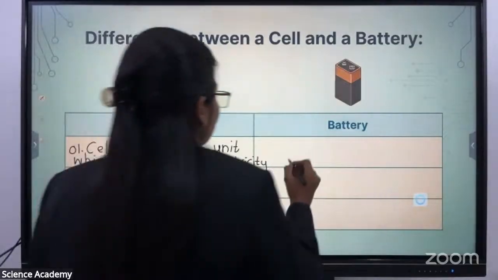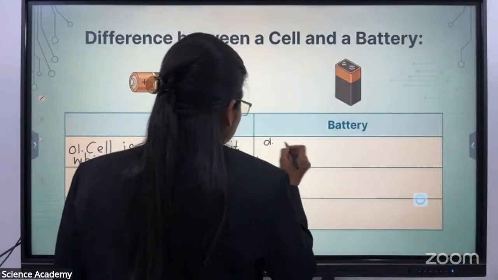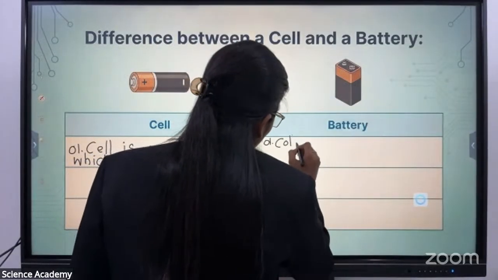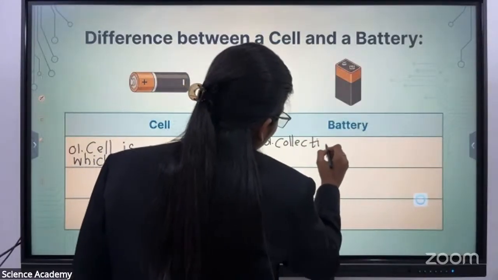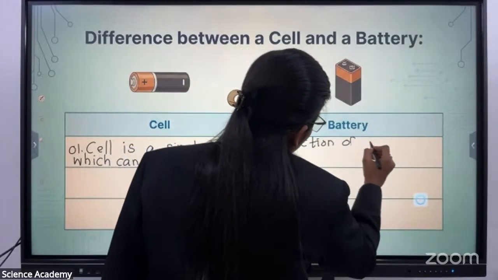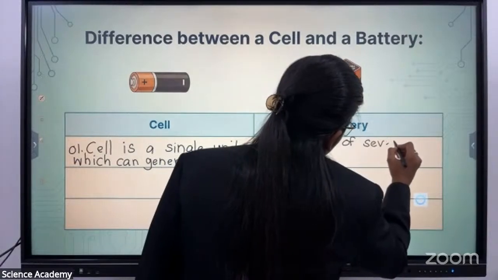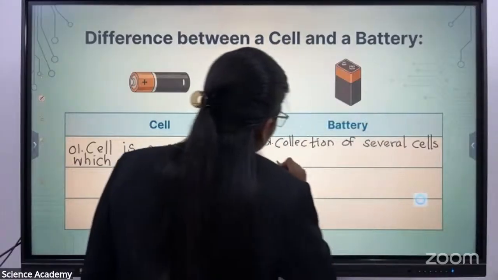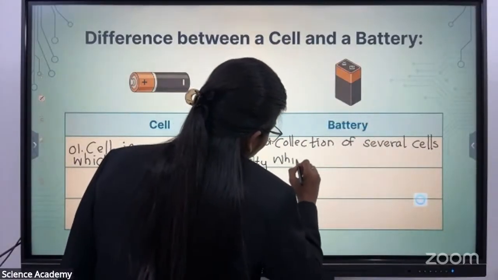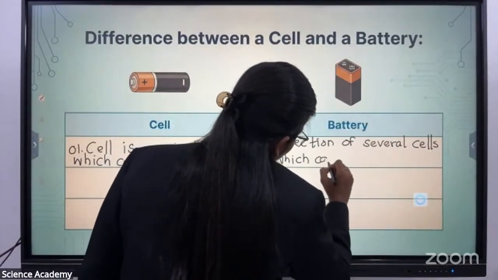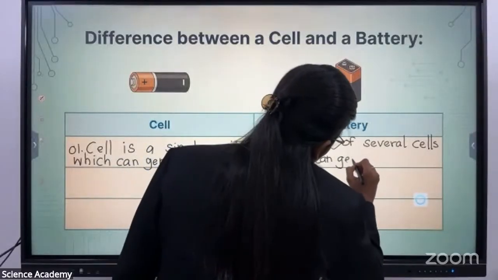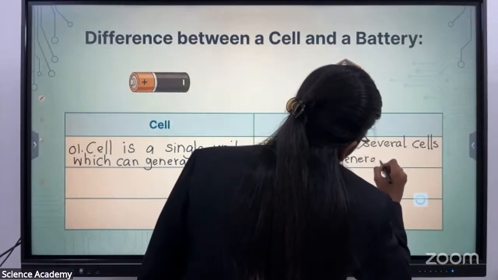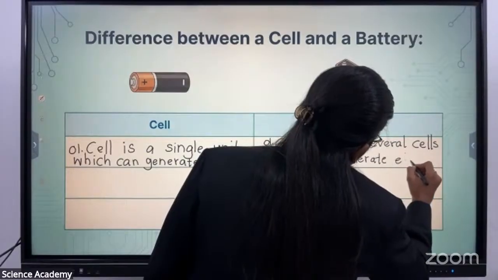Here the battery: a collection of several cells which can generate electricity.